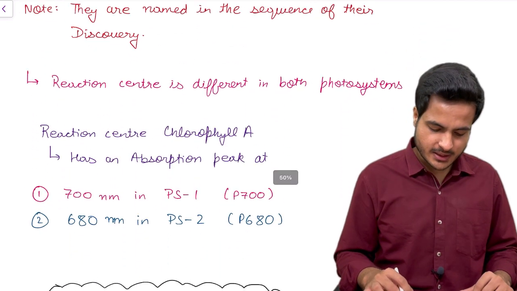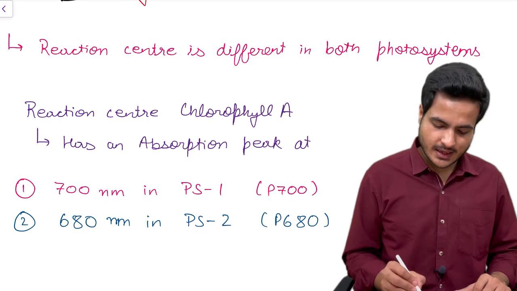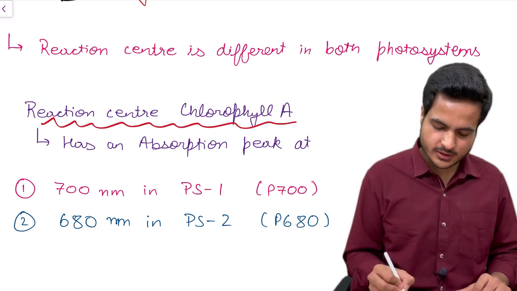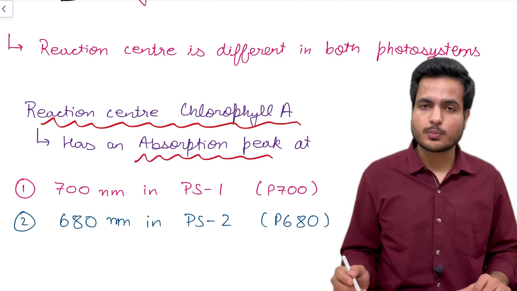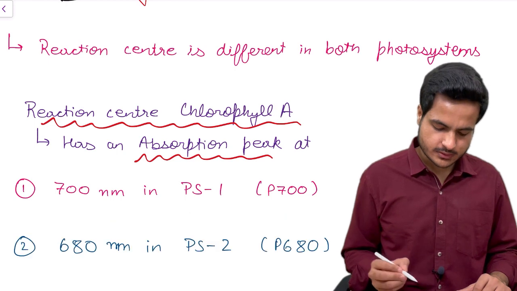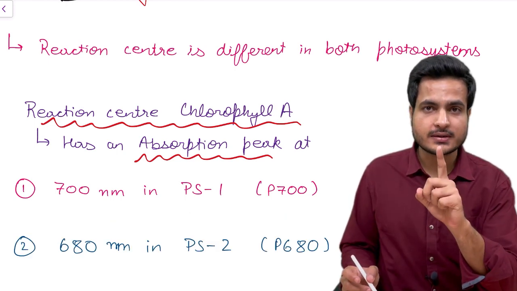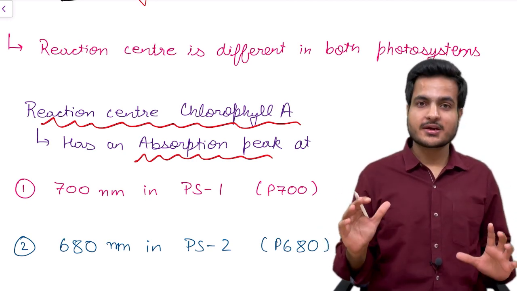Now let us see the major difference between these two photosystems: it lies in the reaction center chlorophyll A molecule. What is so unique about this chlorophyll A molecule? It has a different absorption peak in each of these photosystems. The chlorophyll A molecule in photosystem 1 has an absorption peak of 700 nanometer.